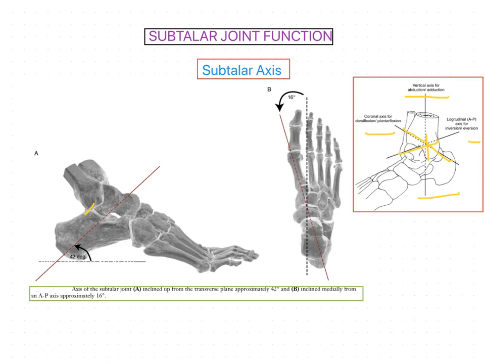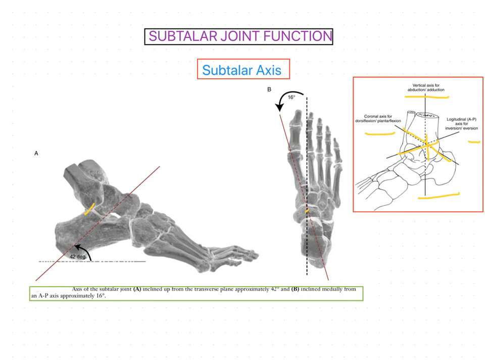So the result is a triplanar motion of the talus around a single oblique joint axis. Here the talus has a single oblique joint axis. This red one is the joint axis. Now we are going to discuss this. On this axis, what is the type of motion taking place? Triplanar motion.